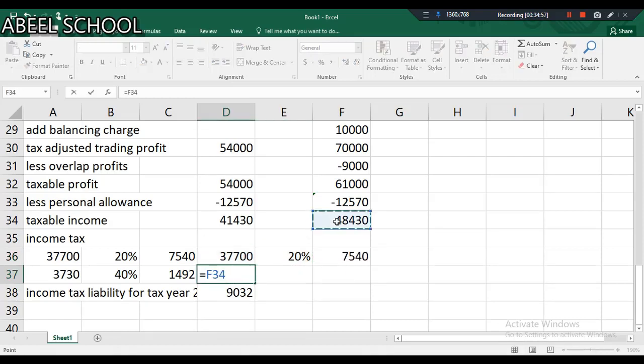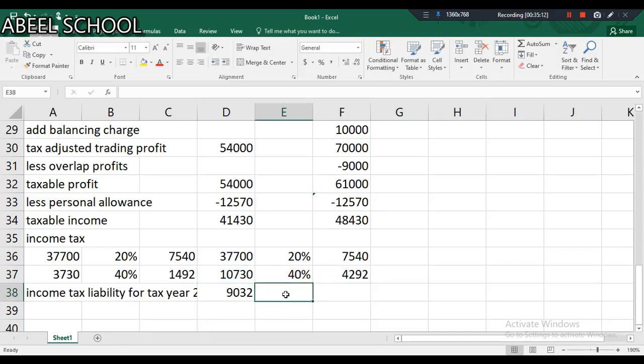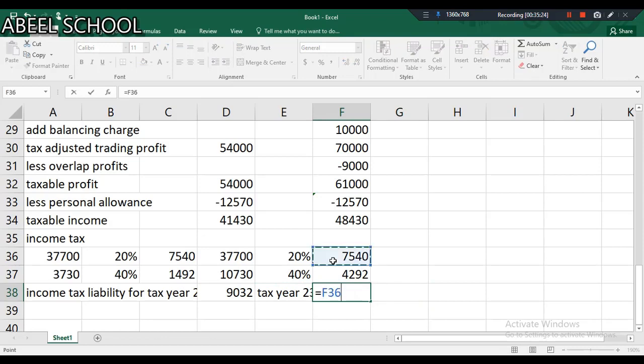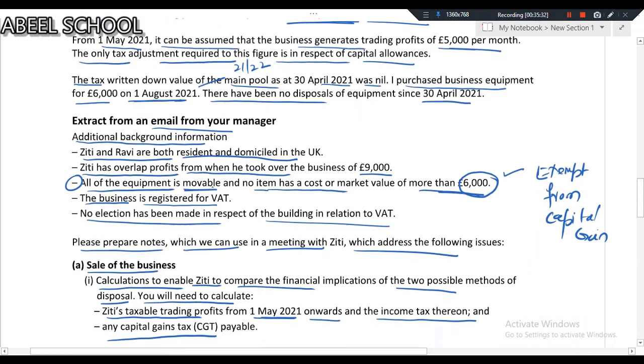From 48,430, I will deduct 37,700. Applicable tax rate is going to be 40%, and which means let's see what is the amount. Now tax here, 23-24. Your income tax liability is, that's great amount.